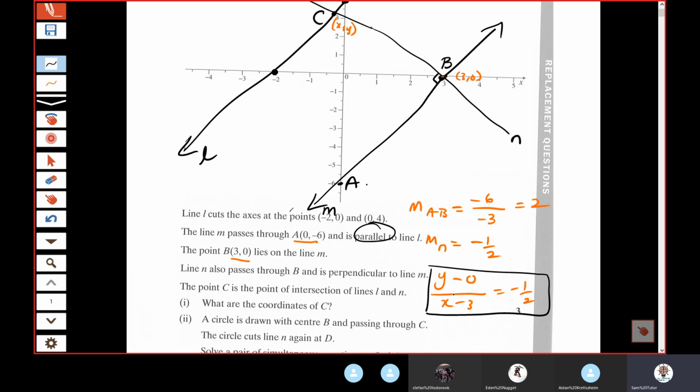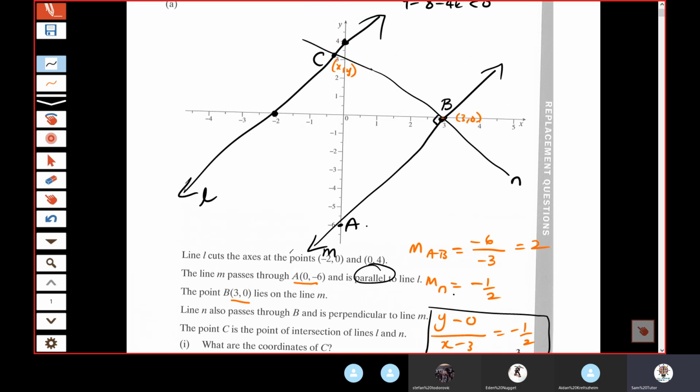Can someone tell me where we're going to find a second equation? Would we make a line equation? Yes. Can you tell me which one?